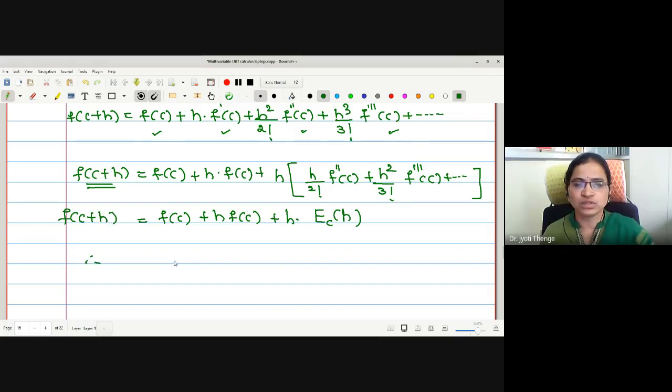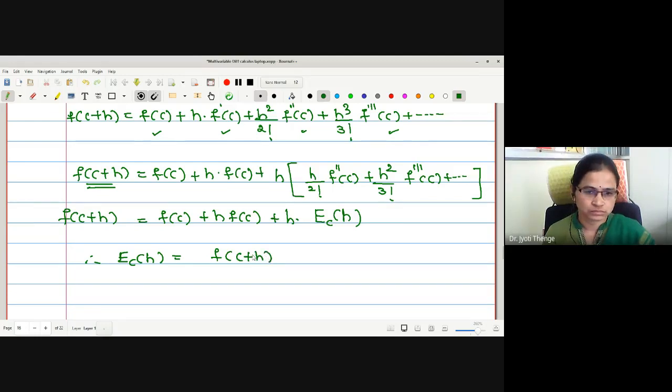Then what will be my error value? Let us take h common from the two terms. Let me go stepwise.